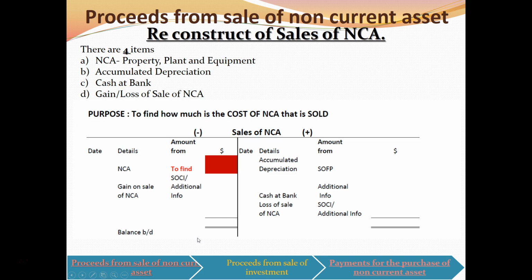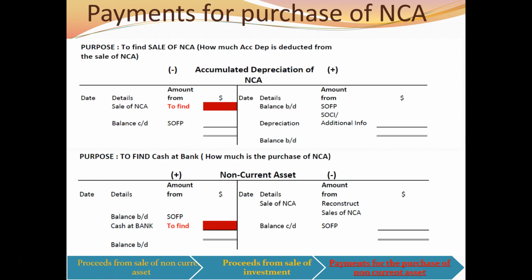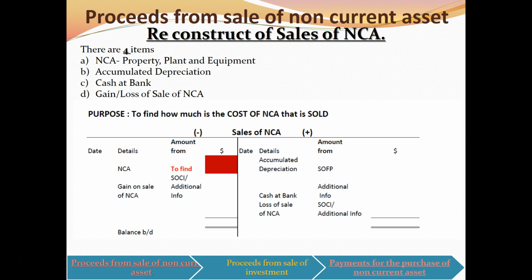So how do we open the rest of the account? Again, there are only 4 pieces of information. When we sell the non-current assets, we debit sales of non-current assets, because we are going to minus from non-current assets. Accumulated depreciation will be on this side, because we have to minus accumulated depreciation, and then we credit our accumulated depreciation over here.